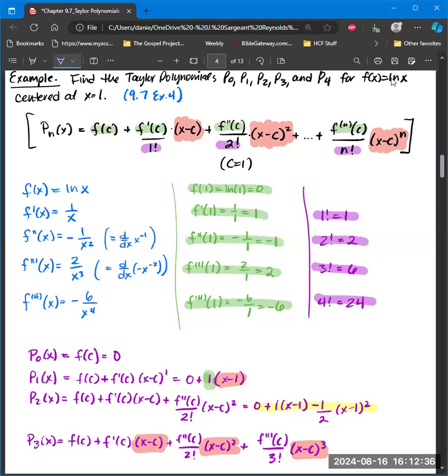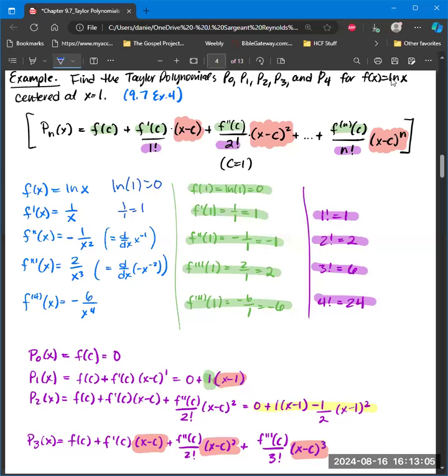So remember, you have to put something in for your c that's actually in the domain of your original f of x. It has to be centered at a point that's actually on the graph, not on an asymptote. So the reason we want 1 is because ln of 1 is 0, and that's very nice. And then we have 1 over 1 is 1.